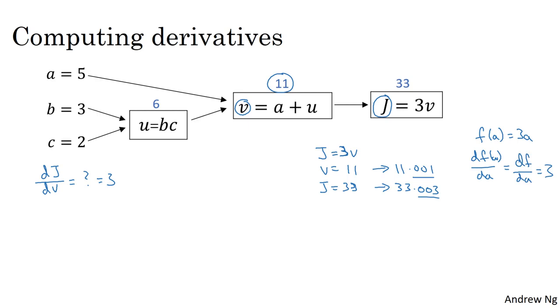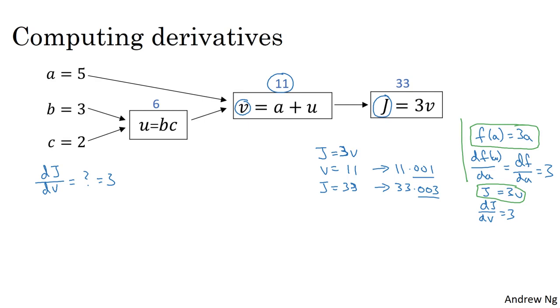So instead, here we have j equals 3v, and so dj dv is equal to 3, with j playing the role of f and v playing the role of a in this previous example, from an earlier video.